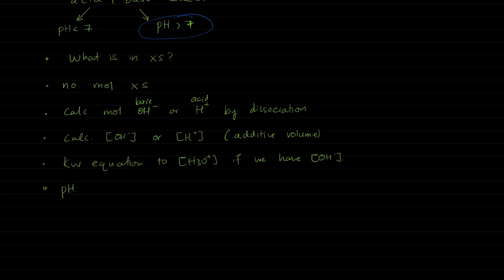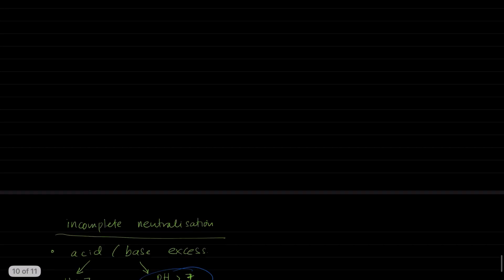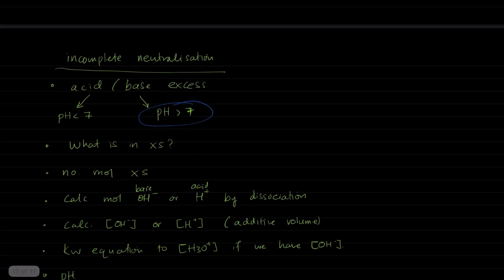So let's start. We go to the top here. They tell us that the magnesium hydroxide is in excess, so that makes our life a little bit easier. We know that the base is in excess here, and what we need is to calculate the number of moles that's in excess.